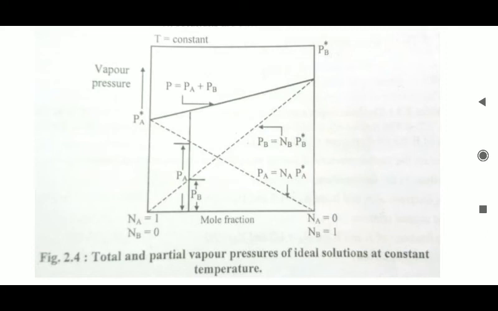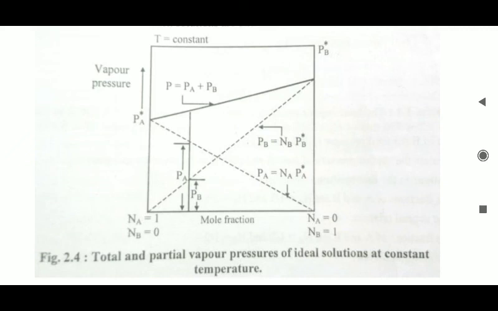Thus P is equal to PA plus PB. If the system is an ideal solution, then Raoult's law is applicable and one will get a plot as shown in this figure. But in general, for non-ideal solutions, Raoult's law fails. Naturally, this type of graph will not be obtained for a non-ideal solution.